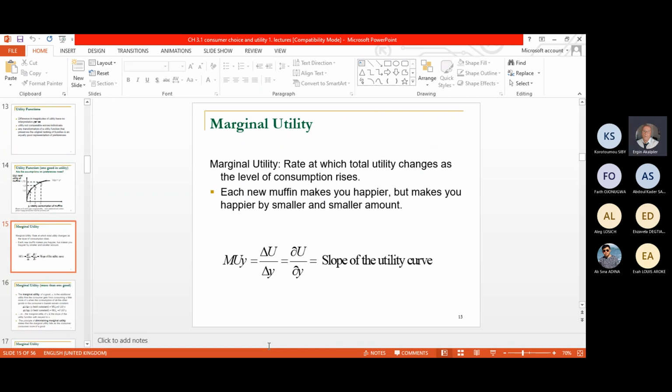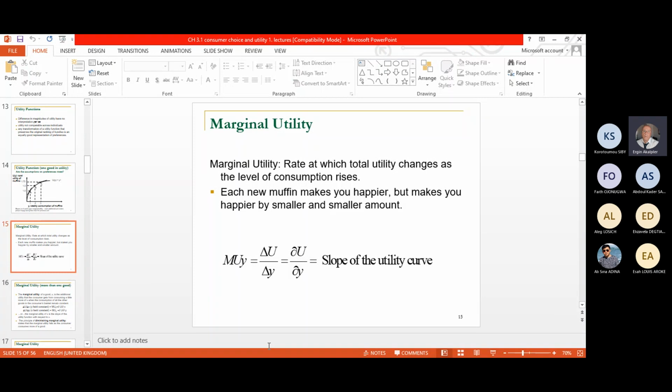And when we are looking at the utility and marginal utility, the rate at which total utility changes as the level of consumption rises. Each new muffin makes you happier, but by a smaller and smaller amount than the former one that you consume. Then the utility function represents marginal utility for y, which is of course muffin.